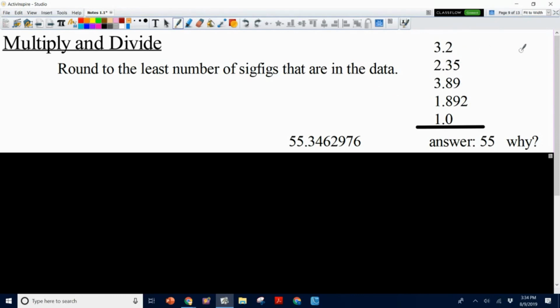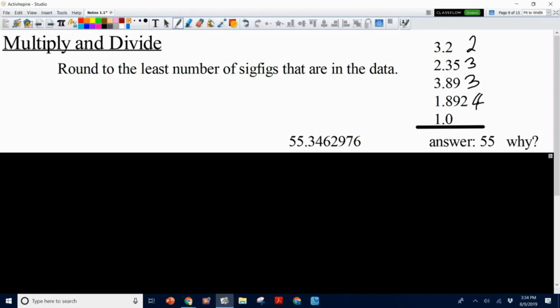So in 3.2, there are 2 significant digits. 2.35, there are 3 significant digits. 3.89, there are 3 significant digits. 1.892, there are 4 significant digits. In 1.0, there's 2 significant digits.